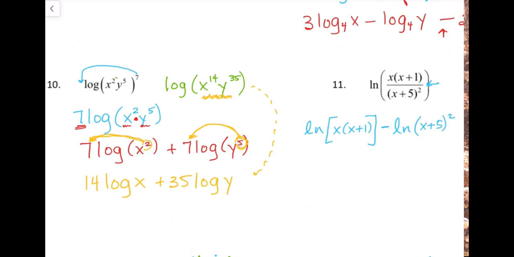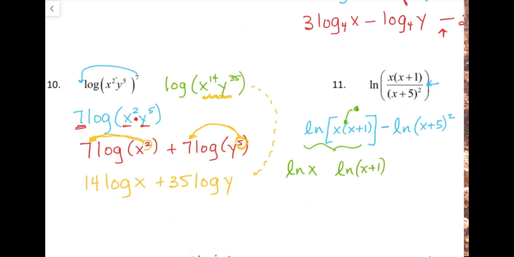Now I want to look for multiplication and then powers. So in the next line, notice here I've got a multiplication symbol. So that means I can split this into 2 logarithms, where one argument is x and the other argument is x plus 1.